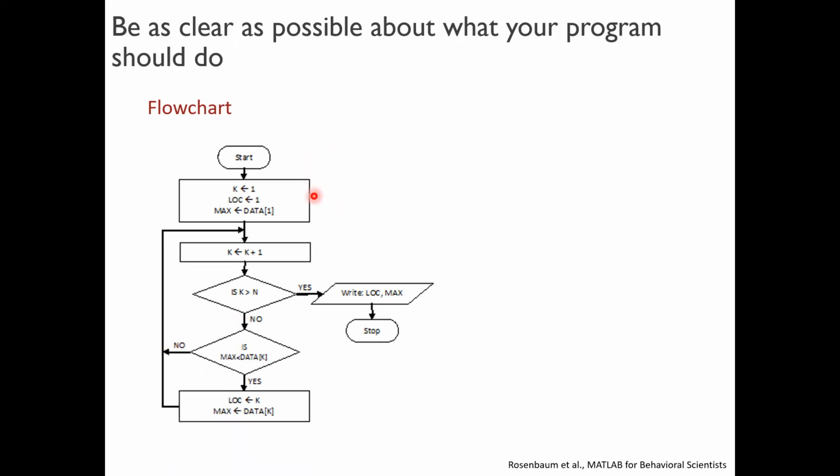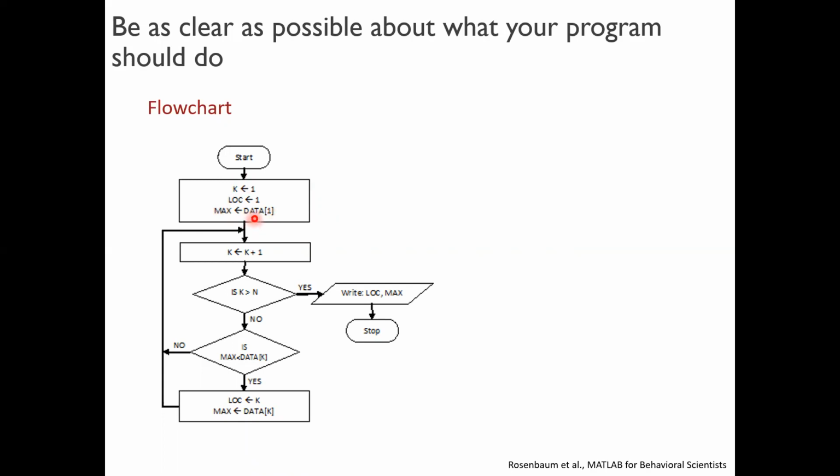So first, we have this initialization block here, where we're going to keep a counter, that's k, and another variable called LOC, or you can think about this as location, right? Where are you in the list of numbers? And then we're going to initialize this variable max as the first value in my data set. Okay.